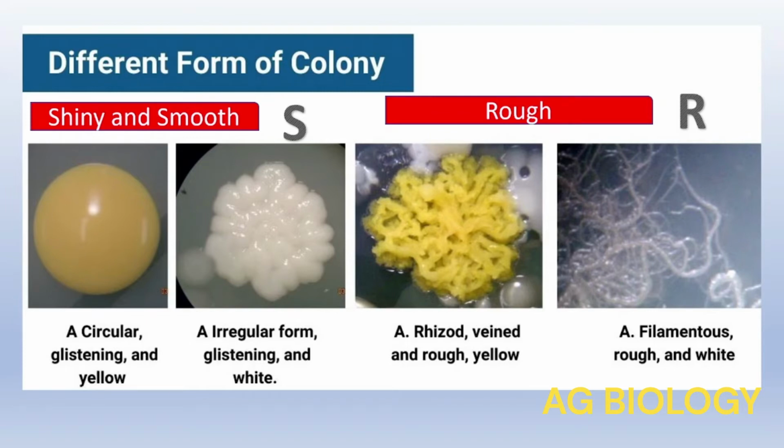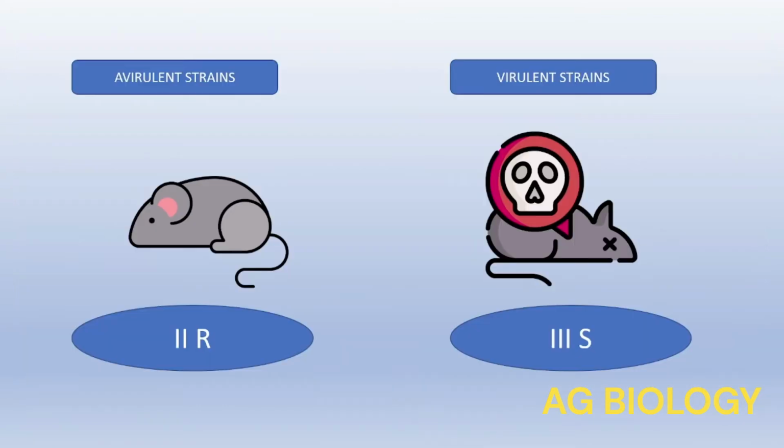Griffith used avirulent R strains and virulent S strains in the critical experiments. More specifically, type 2 R strains and type 3 S strains respectively.